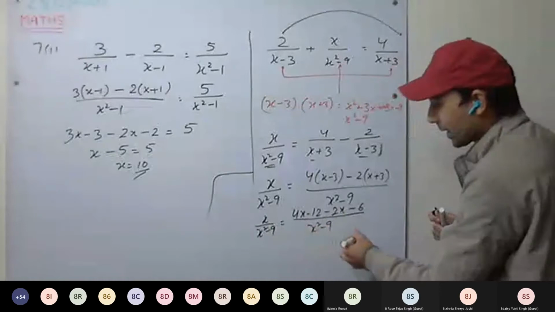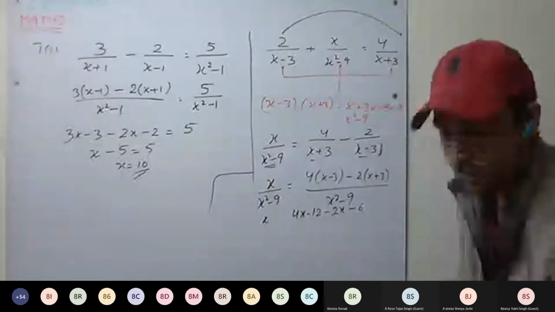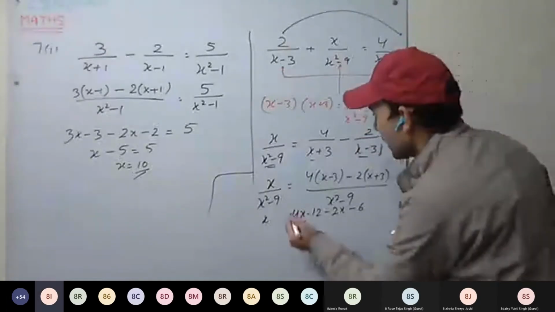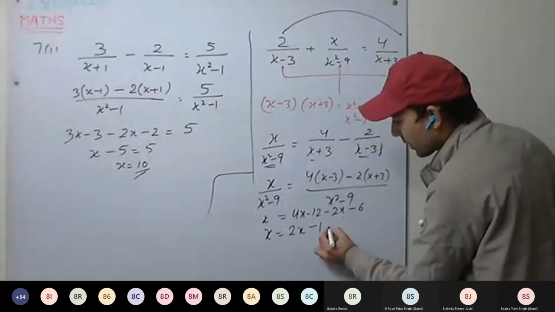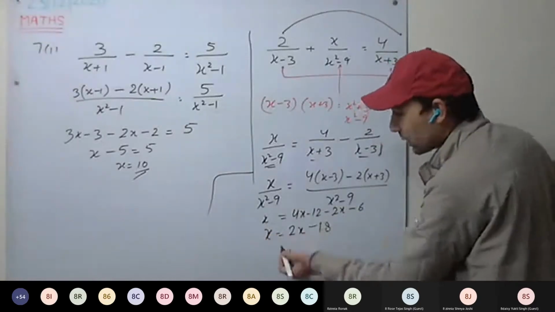We can get x equal to how much? 4x, 2x minus 8 to side 4.